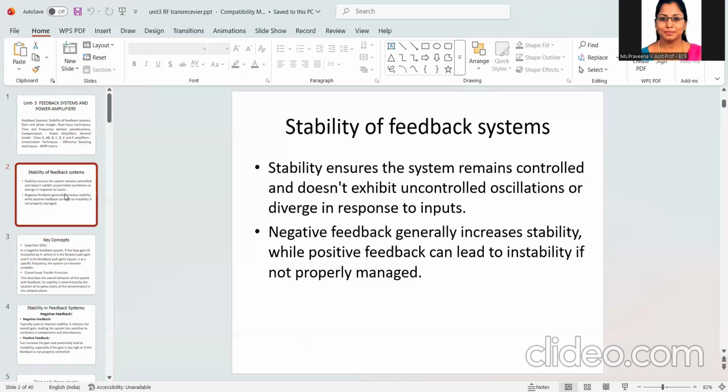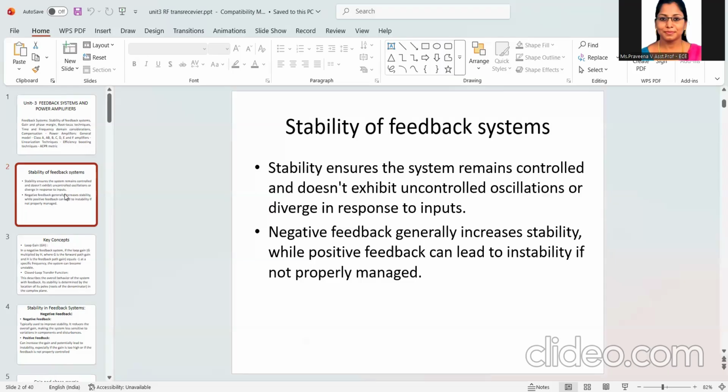Its advantages are that it improves system stability and reduces distortion and noise. It also increases the bandwidth and makes the system performance less sensitive to component variation. And it enhances accuracy and reliability. That is the main concept of negative feedback.